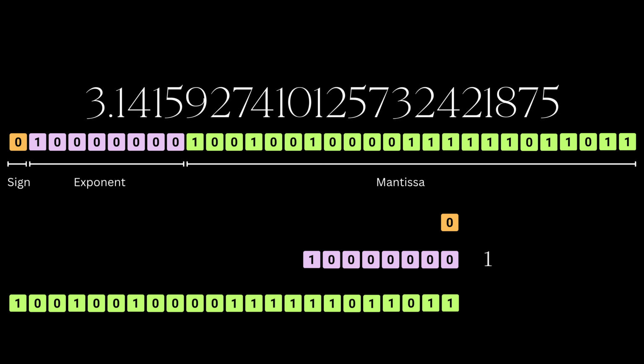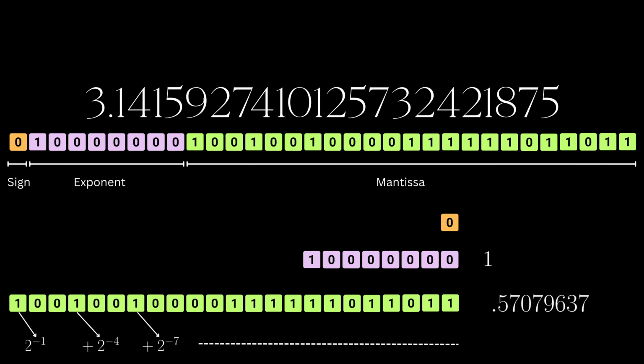The mantissa bits represent the fractional part. Starting from the first bit after the radix point, each bit contributes a value of 2 raised to the power of its negative position. So the first bit contributes 2 to the power minus 1, the next one 2 to the power minus 2, and so on. We then add 1, which is the implicit leading bit, to the fractional value.